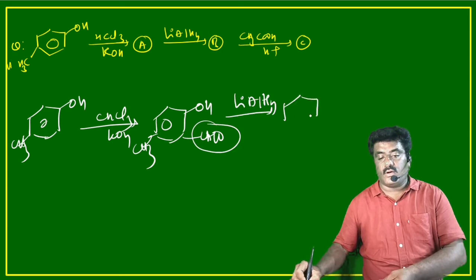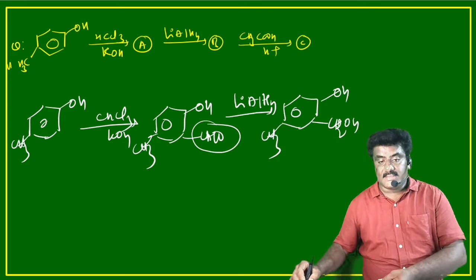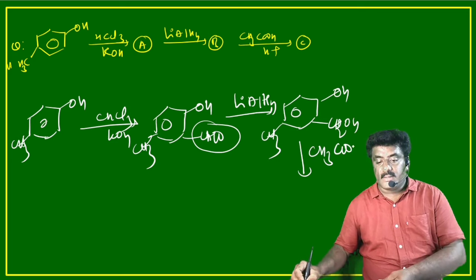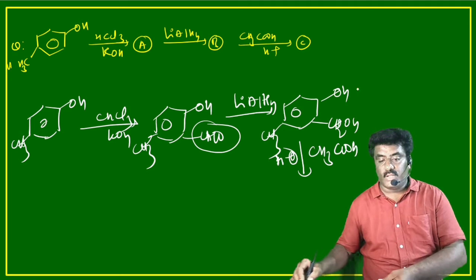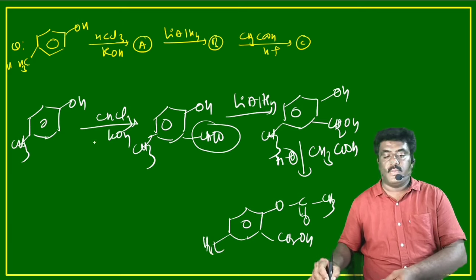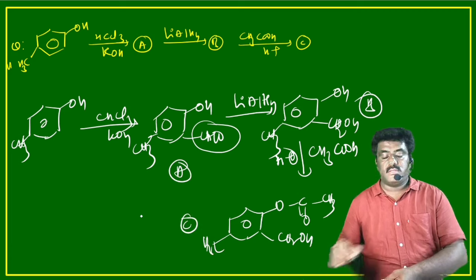It converts to alcohol, CH2OH. When treated with acetic acid in presence of H plus, it forms benzene with OCOCH3, CH2OH. It is A, B, C.